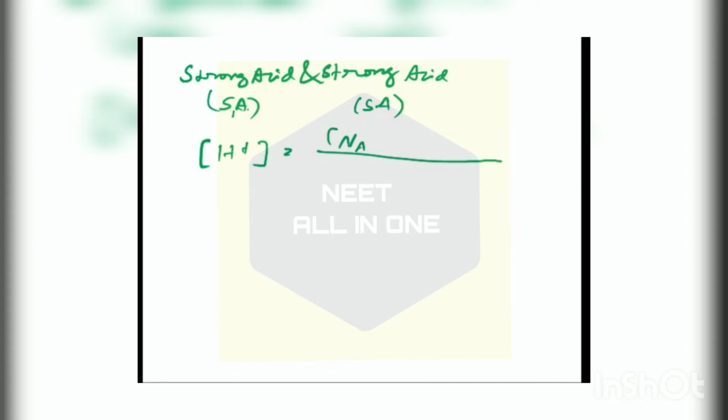Let's suppose it is A1 and A2. So what will it be? It will be Na1 V1 plus Na2 V2, by V1 plus V2. So what we have written here is the normality of the first acid into its volume plus normality of the second acid into its volume, by the total volume.